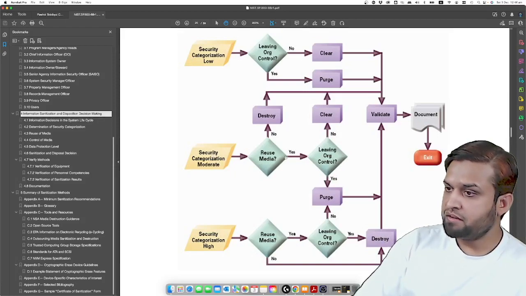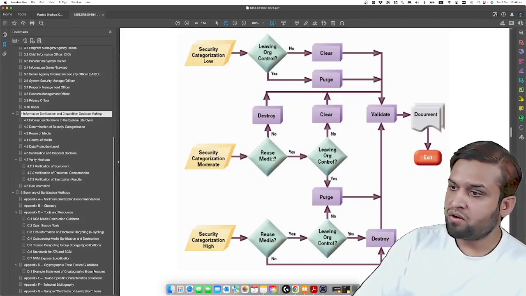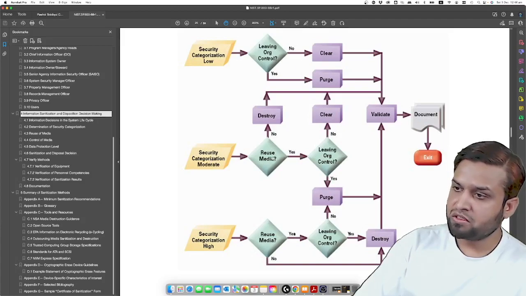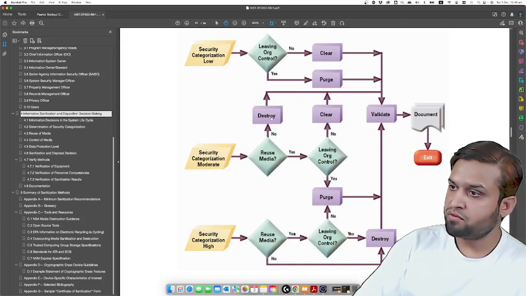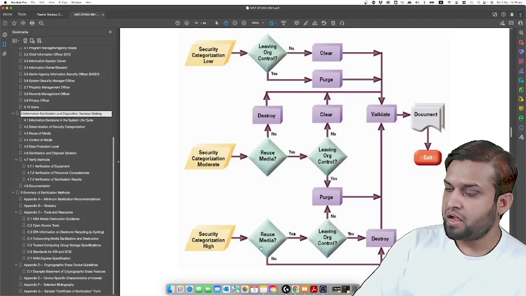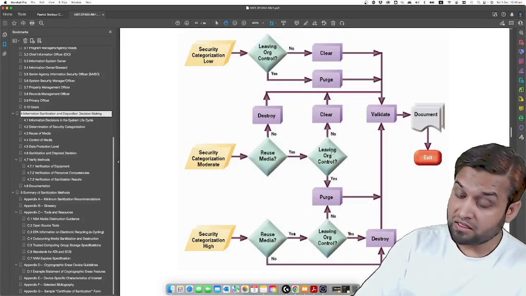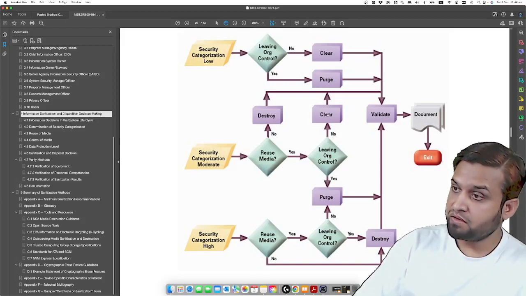For medium, if we are not going to use the media, we have to go for destruction. And if we are using the media, and it is in the same organization, we have to use clear.